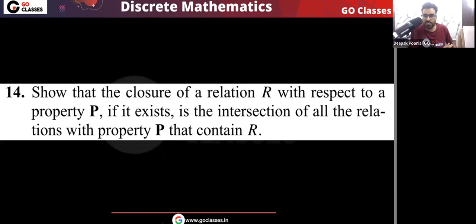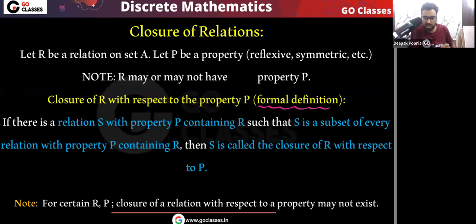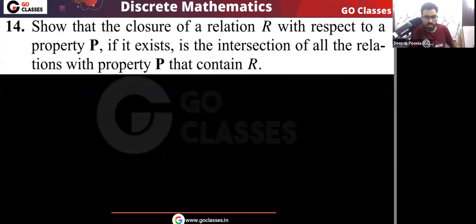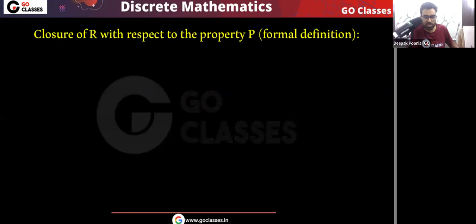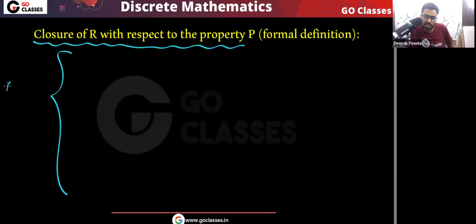See, from this formal definition you already know that this closure is a subset of all the relations which have property P that contain R. Do you agree? I told you that the closure of R with respect to property P is a new relation S which has 3 properties. What are the 3 properties?